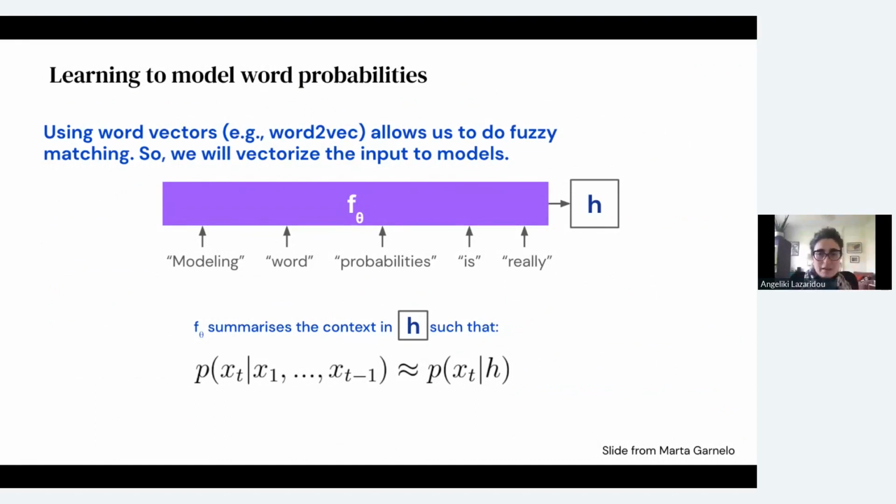So the idea that followed was to not just operate on words as strings, as discrete items, but rather operate with words using their vectorial representation. And so all the models that have followed after n-grams take as input word representations, and then they learn some function f that is going to predict the next word.